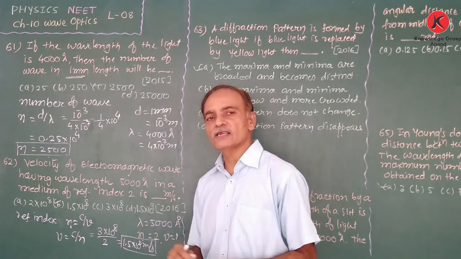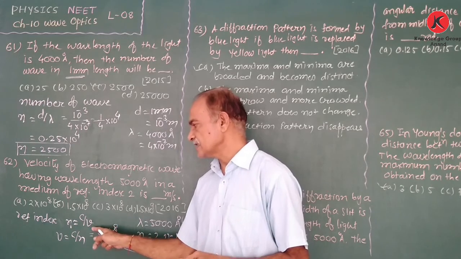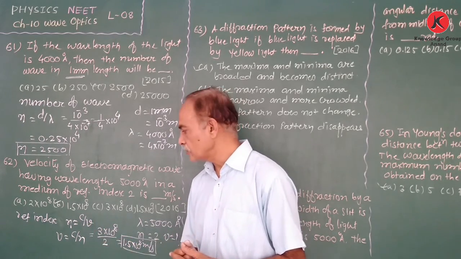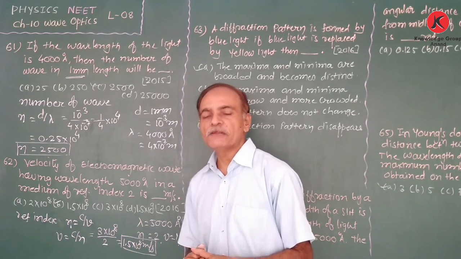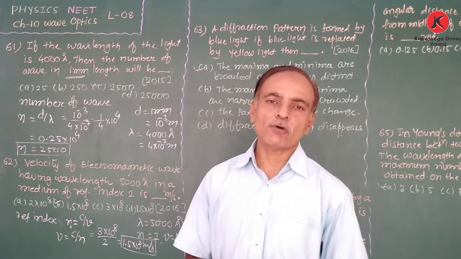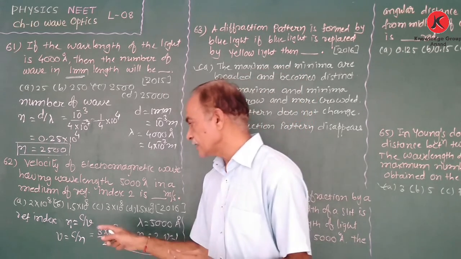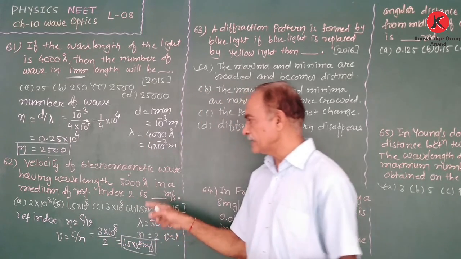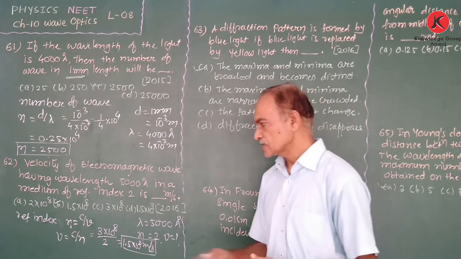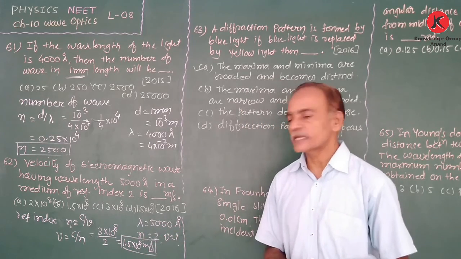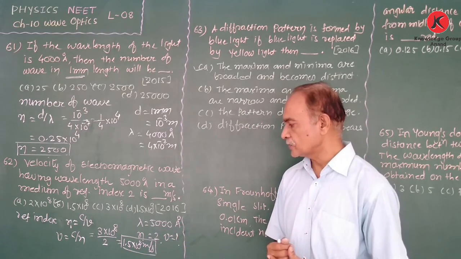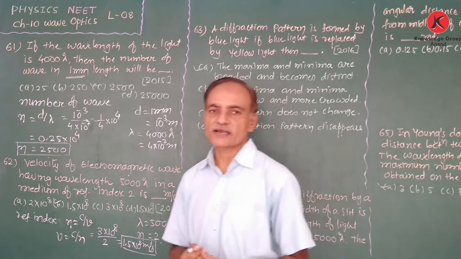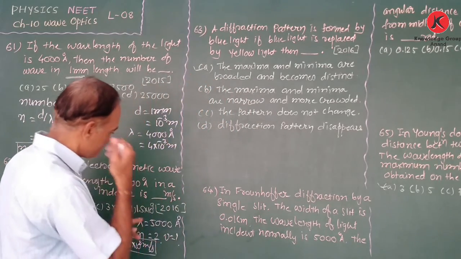Therefore, n is equal to c by v. From this equation, v is equal to c by n. We know that c, the velocity of light in vacuum, is 3 into 10 to the power 8. Refractive index of the medium is given as 2. So 3 by 2 into 10 to the power 8, that means 1.5 into 10 to the power 8 meter per second. B option is the right one.